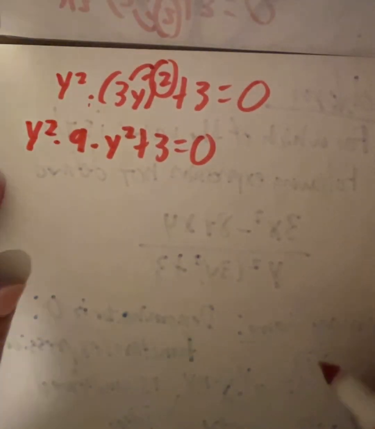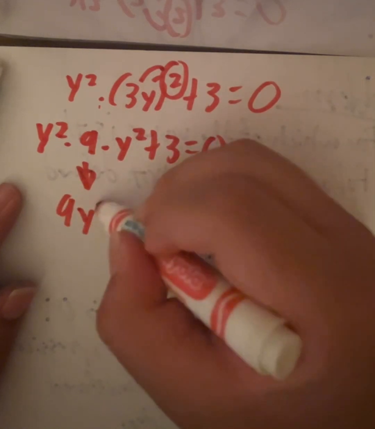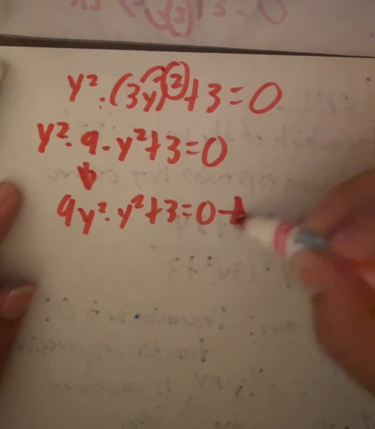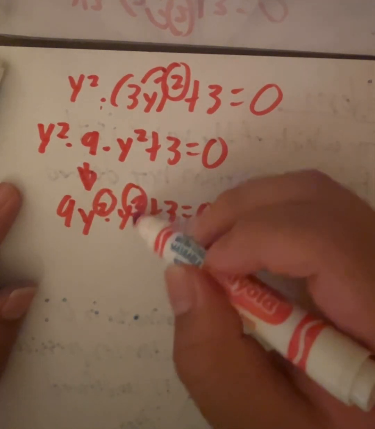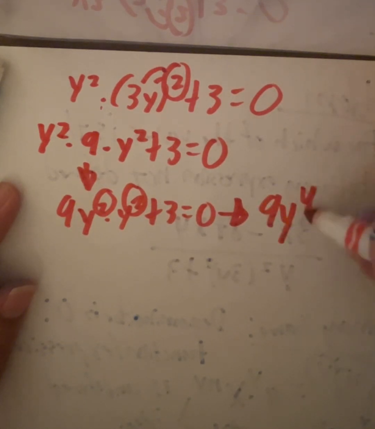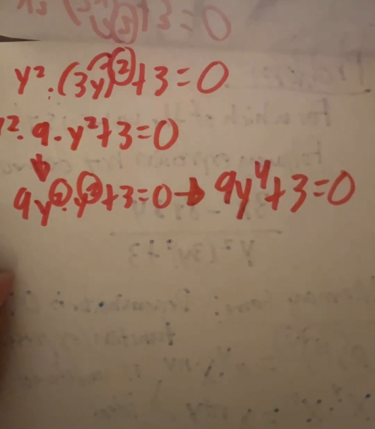Using our other idea in the memory game, we can rewrite this as 9 times y squared plus 3 equals 0, and that just means we add the two exponents. So we're just left with 9 times y to the 4th plus 3 equals 0.